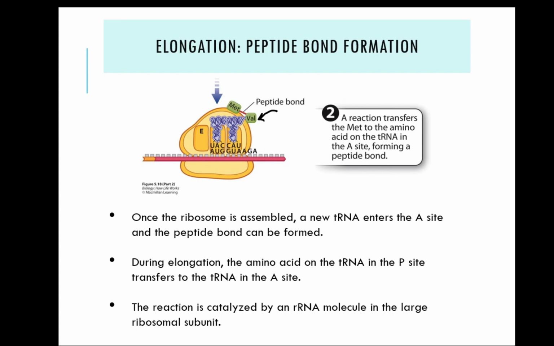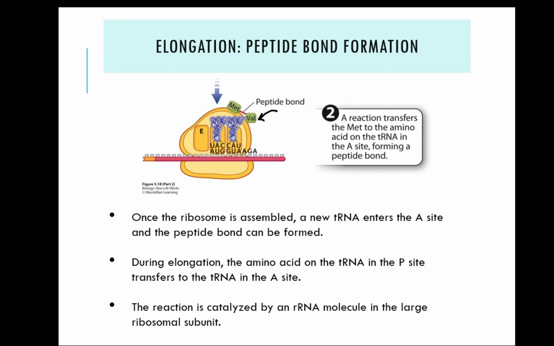And once you have that, the amino acid in the P site forms a peptide bond to that new amino acid, the valine. So this begins, and you're constantly going to just tack them on like that. It's the ribosomal RNA that catalyzes the formation of this peptide bond within the ribosome.